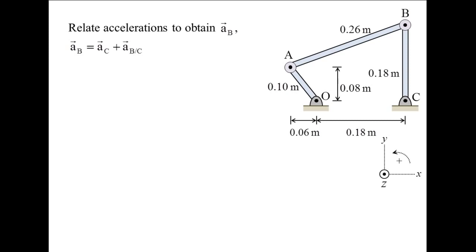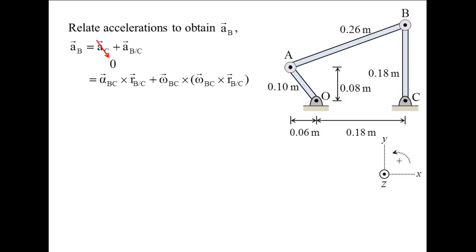The acceleration of point B is obtained by relating the acceleration of points B and C. The acceleration of point B is equal to the acceleration of point C plus the acceleration of point B relative to point C. The acceleration of point C is 0 since it is fixed. The relative acceleration term is decomposed into tangential and normal components. The tangential component is the angular acceleration of link BC cross RBC.